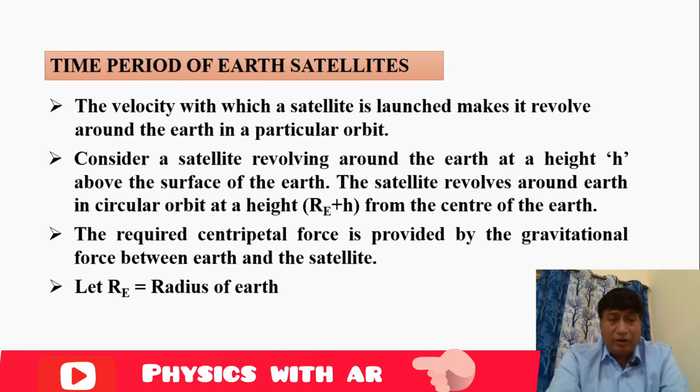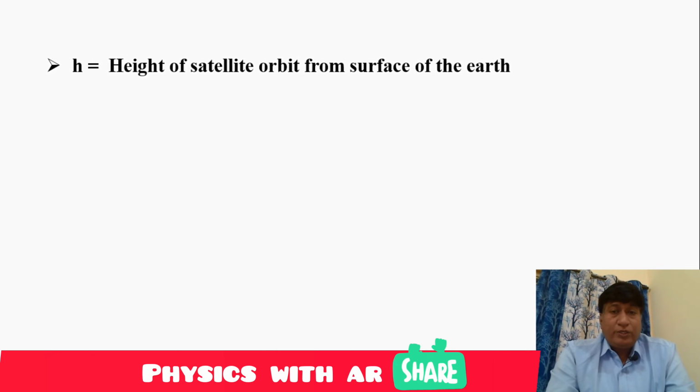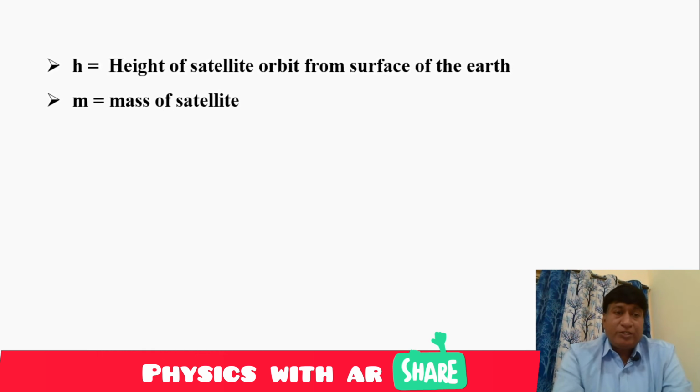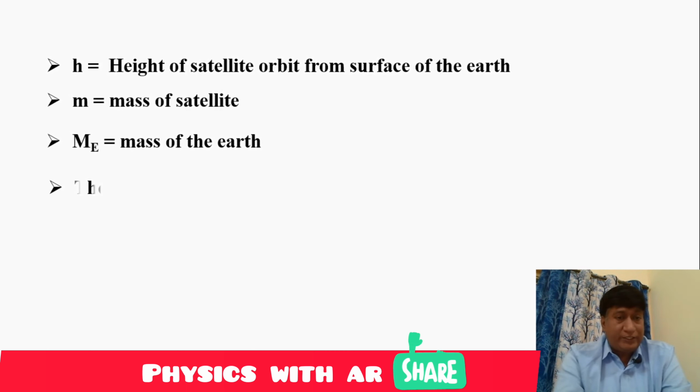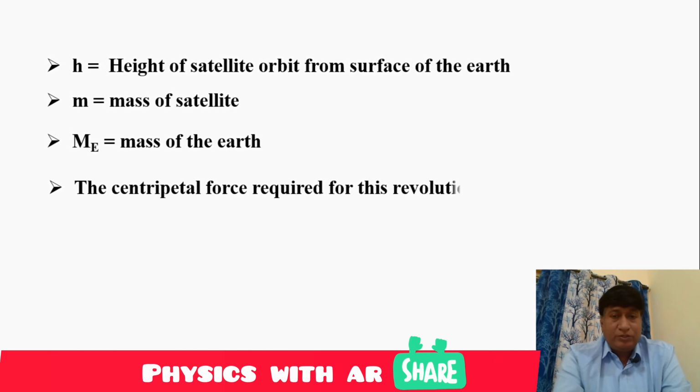Let Re equal the radius of the Earth, and small h the height of the satellite from the surface of the Earth. Let M be the mass of the satellite and m the mass of the Earth. Whenever the satellite is revolving, it requires some centripetal force.